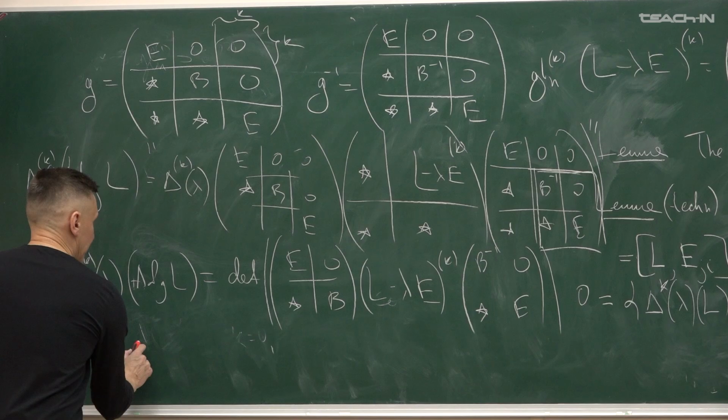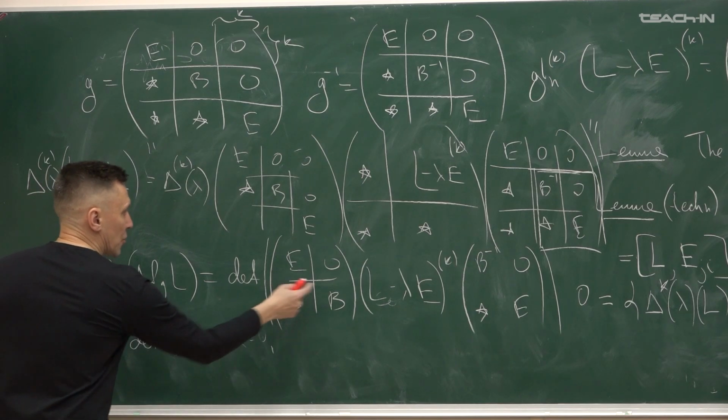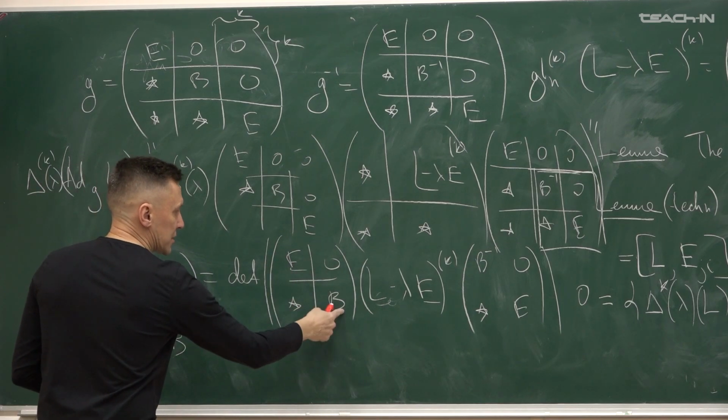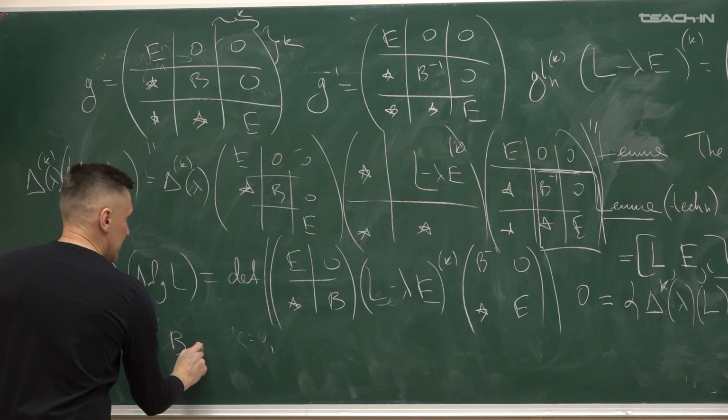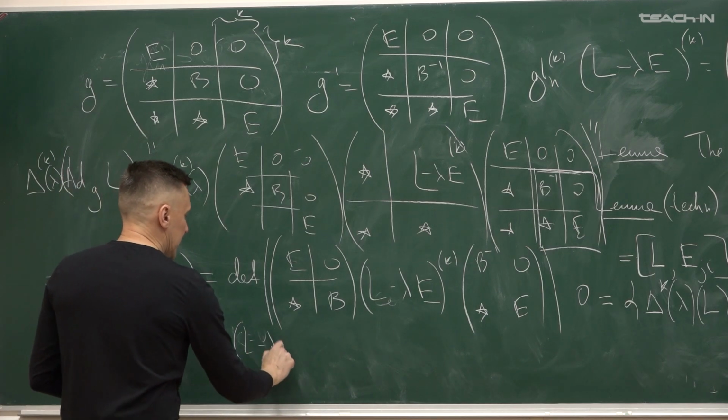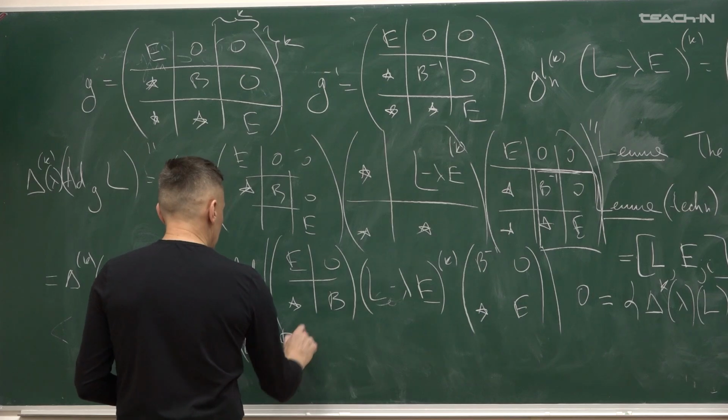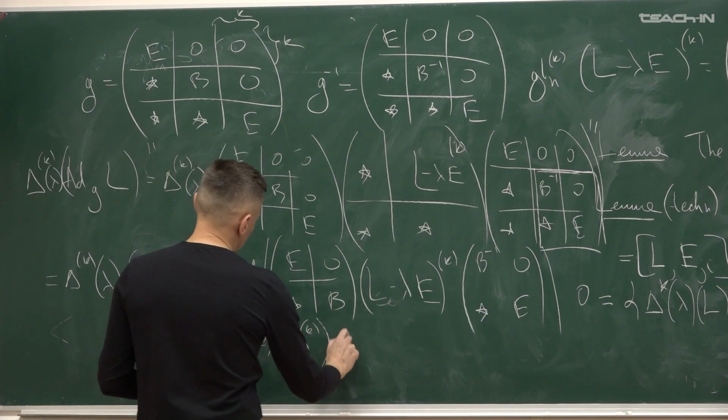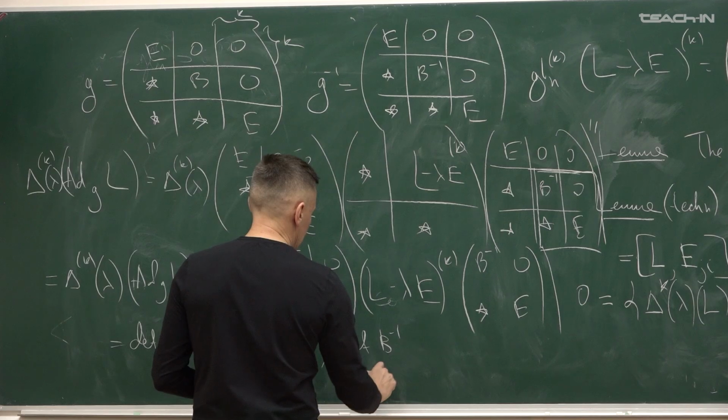So it is the determinant of B, because the determinant of all these matrices is the determinant of B, then the determinant of L minus lambda E K, and the determinant of B minus 1.